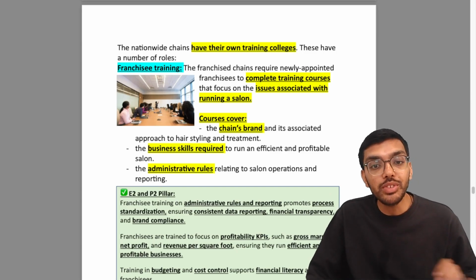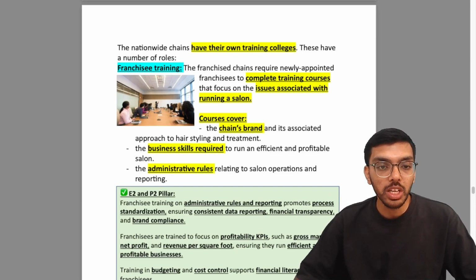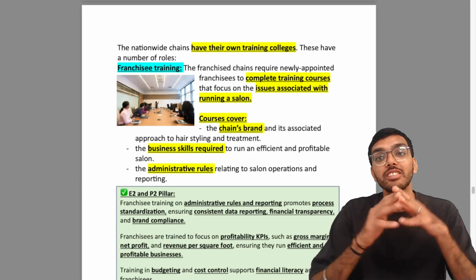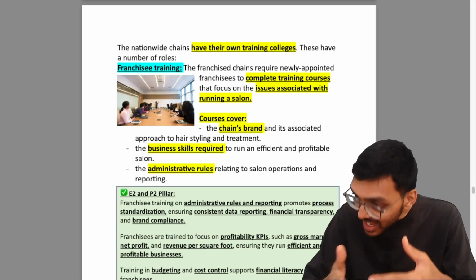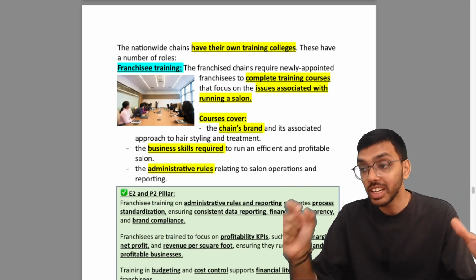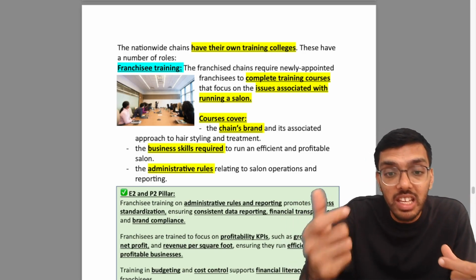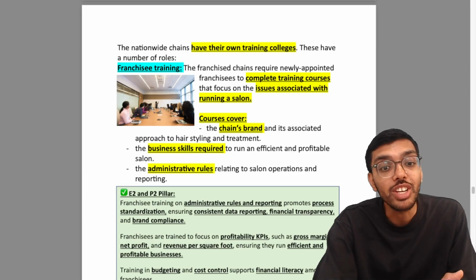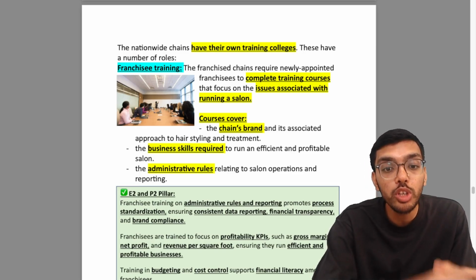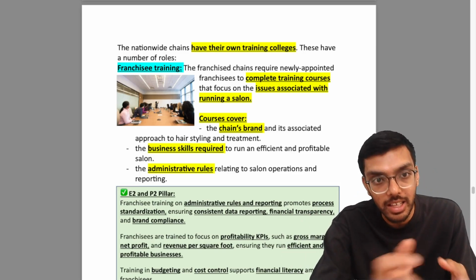So franchisee training on admin rules and reporting promotes process standardization. Like I said, there is standardization in franchisees because every salon should feel the same. Franchisees are trained to focus on your key KPIs.